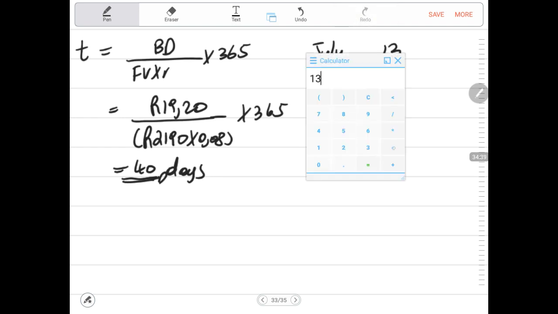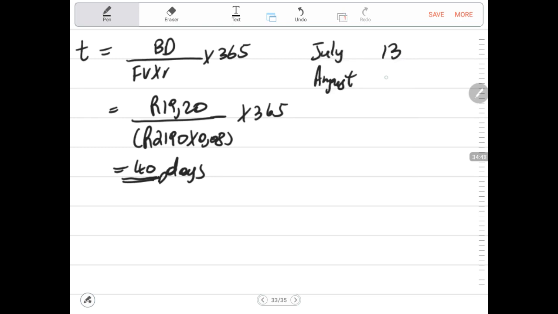Because we only need 40 days minus 13, which means in the next month we only need 27 days. So if we say 27 plus 13, this is going to give us 40 days. That means this bill was due on the 27th of the month of August.